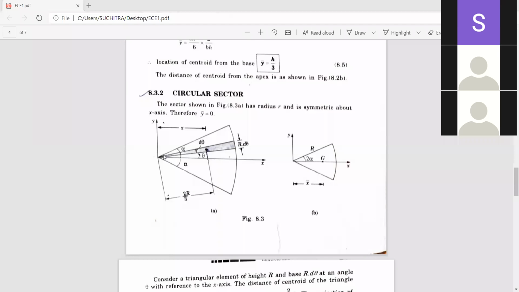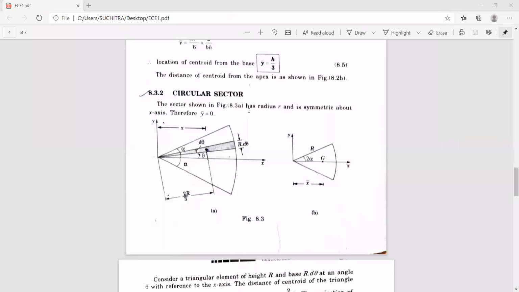Now consider a triangular elemental area of height equal to r, because height is nothing but the radius of the sector. The sector shown in the figure has a radius r and it is symmetrical about the x-axis.